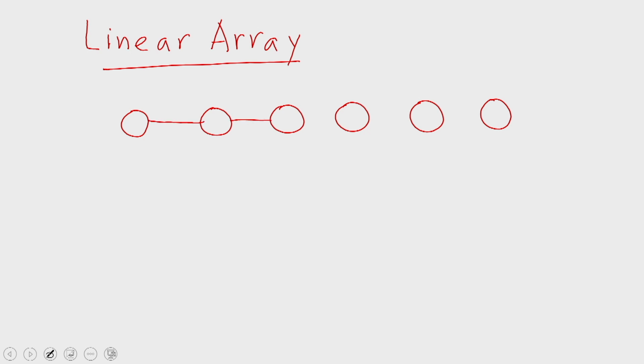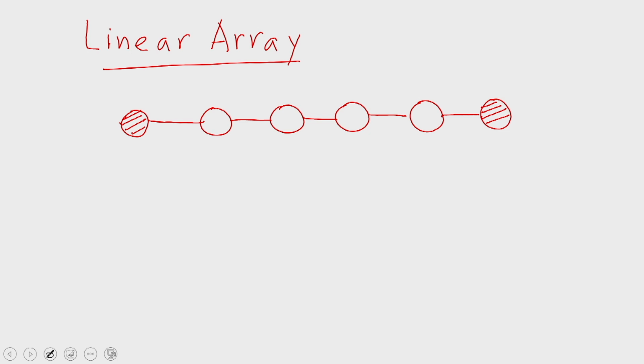So a processor has a left neighbor and a right neighbor, except possibly for the 2 extreme processors. The leftmost processor has no left neighbor and the rightmost processor has no right neighbor. So this is what a linear array is.